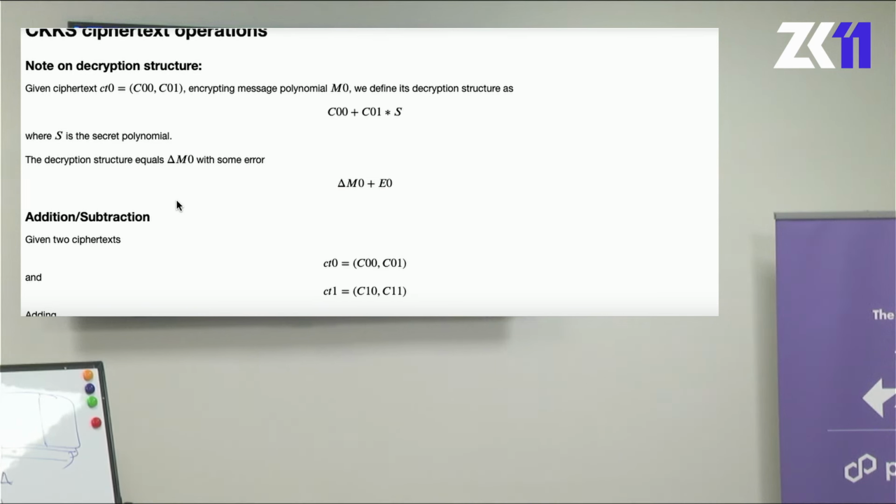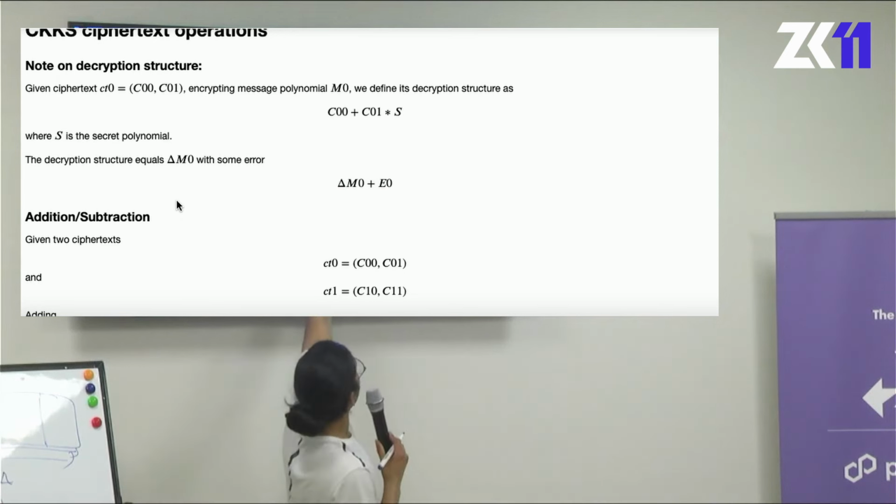And why is that the case? Well, when you multiply A with S, you cancel this out, and you only get delta M plus E. So when I speak of decryption structure, I'm speaking of this particular equation of B plus AS. Okay? In which case C0 is B and C1 is A.